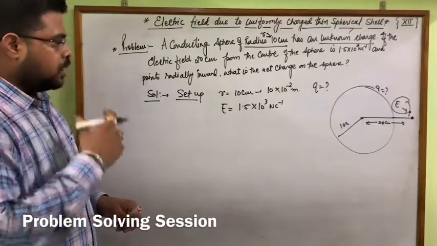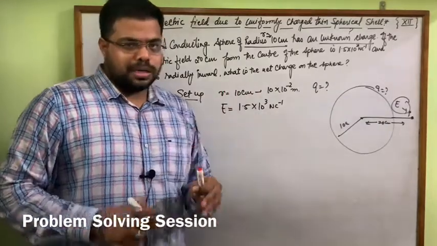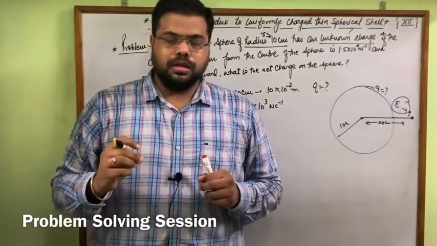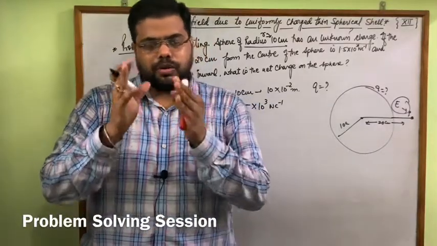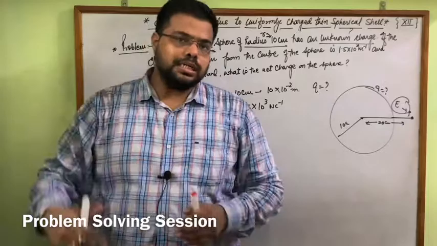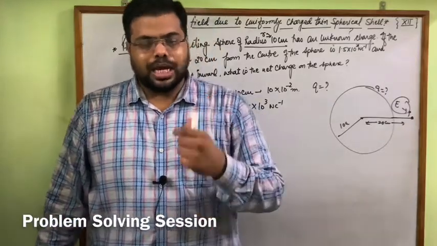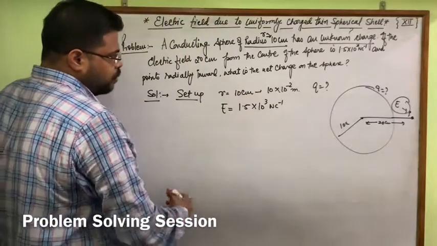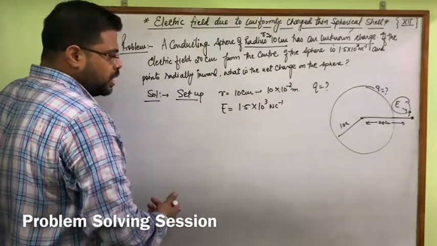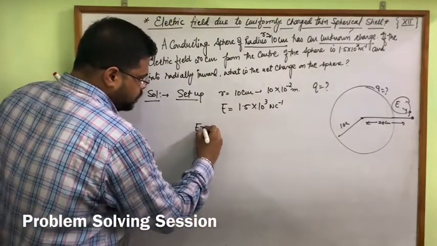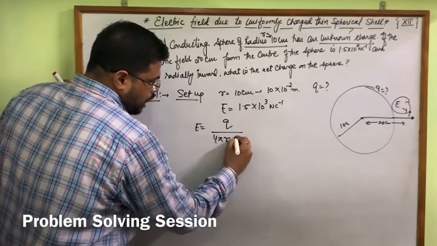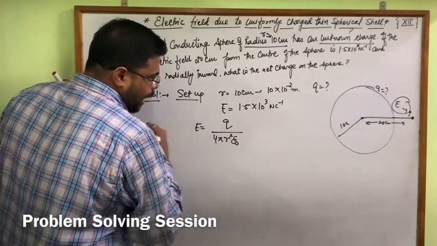So this problem is related to the concept of electric field at a point P, where point P lies outside the spherical shell, the first part of the derivation. We connect all these physical quantities by the formula E equals Q upon 4 pi r square epsilon naught.